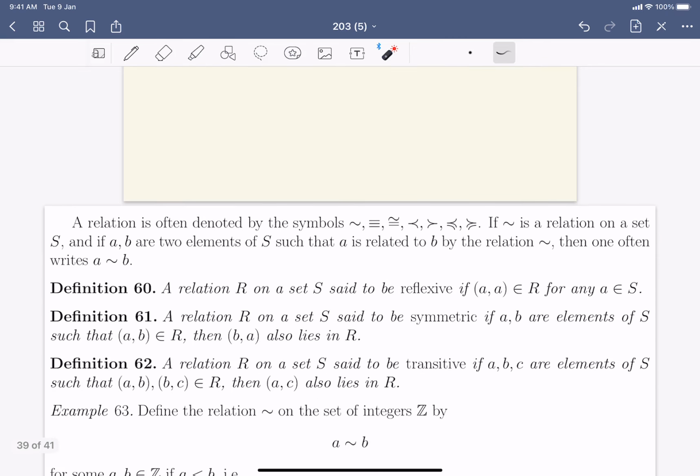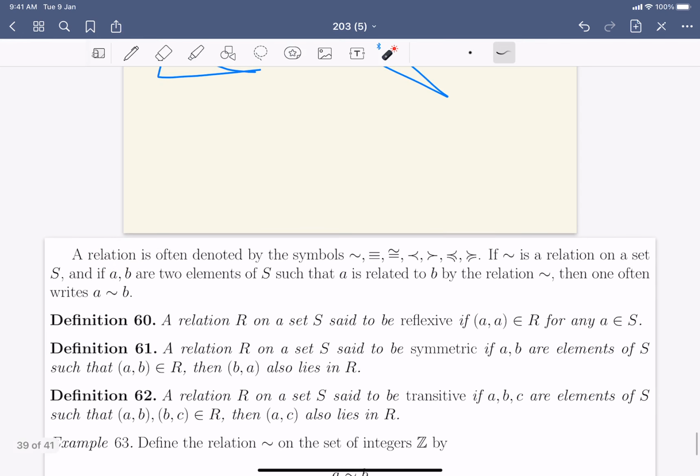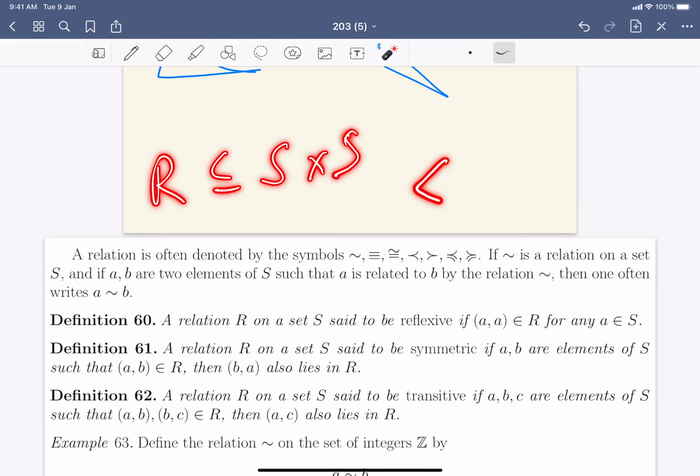I mean, we are actually familiar with. So we'll be using these symbols, this tilde or this one or this one, etc. Or maybe this divisibility, this vertical line, that A divides B. So we'll use these notations to denote a relation. Okay. So as we stated, a relation has to be a subset R of S cross S. Sometimes we may say that less than itself is a relation.